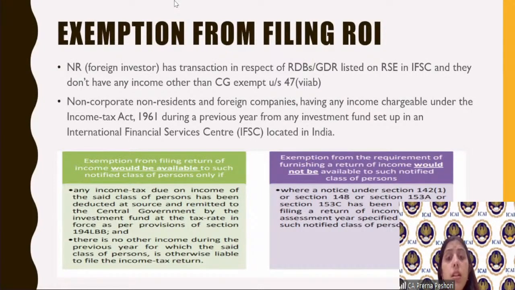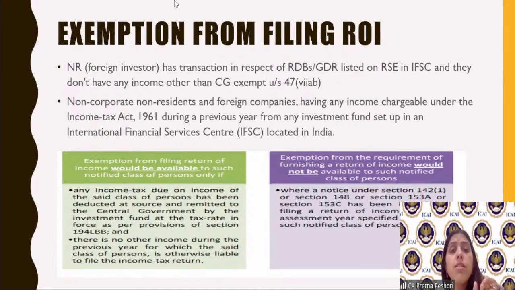Non-residents who are having capital gains, which is exempt under section 47(6)(ab), from bonds, global depository receipts, rupee denominated bonds, derivatives, which are listed on recognized stock exchange in IFSC.